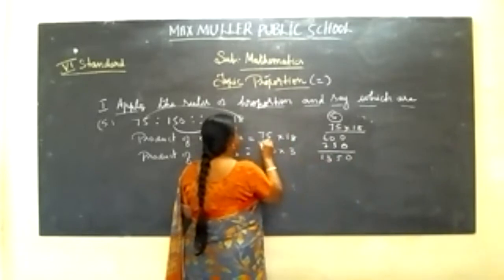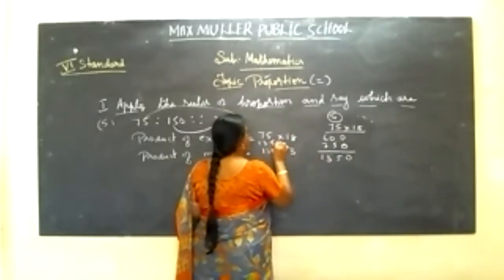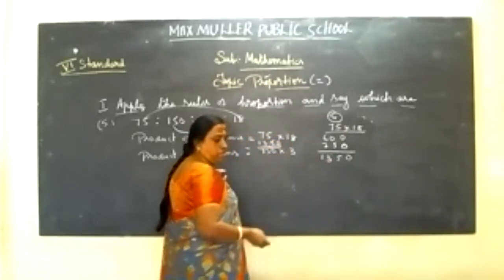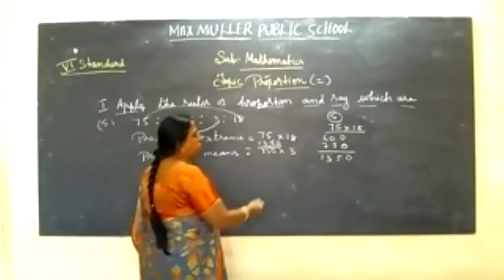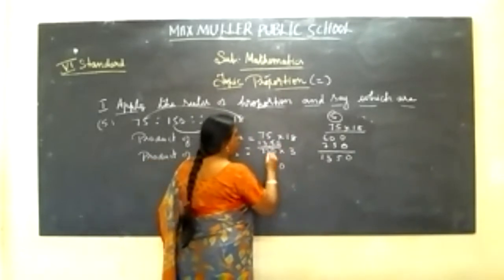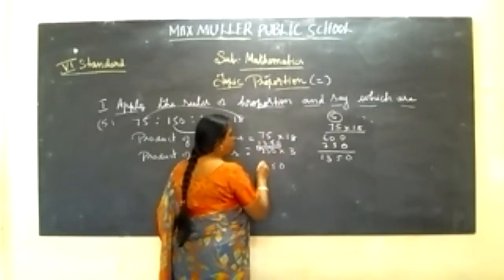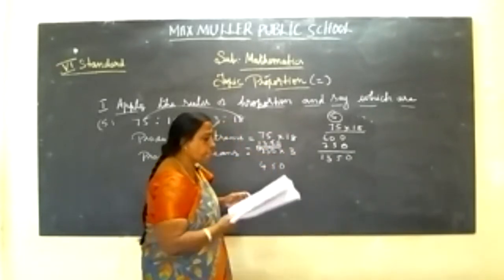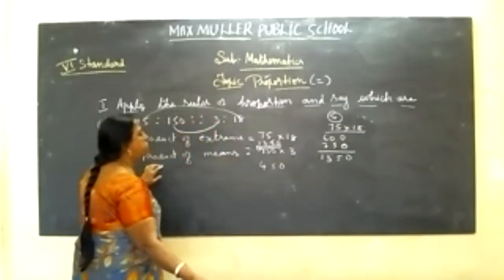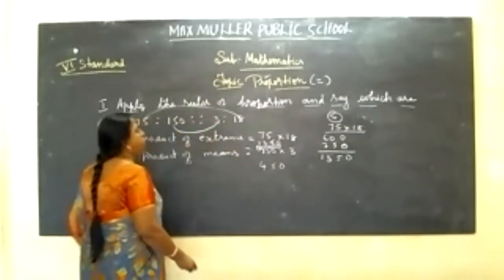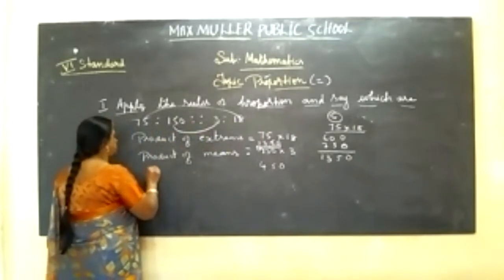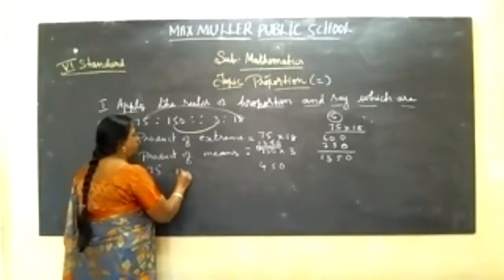So 1350. Now here, you can multiply 150 into 3: 0, 3 5s are 15, 1 carry, 3 1s are 3, 4. 450. Here also they both are not equal. So we can say they are not in proportion. 75 is to 150.